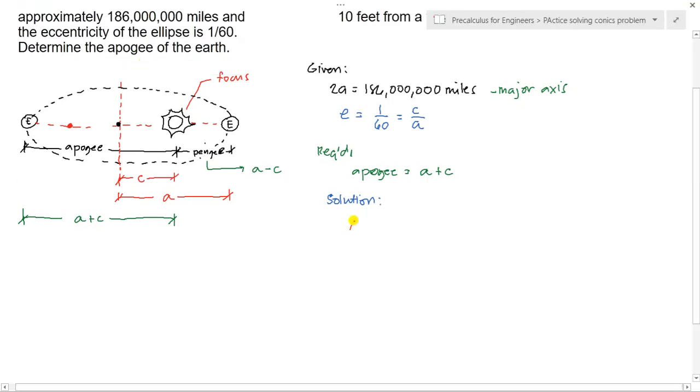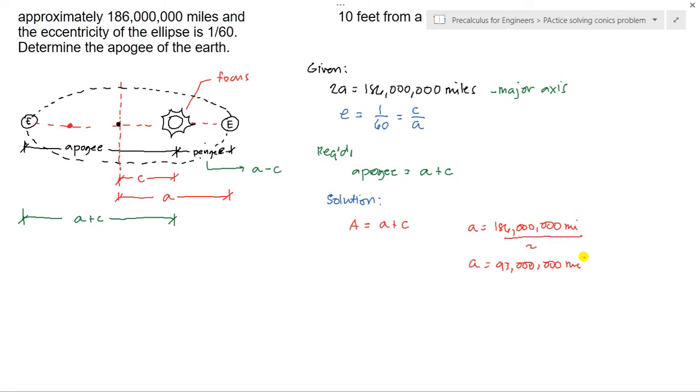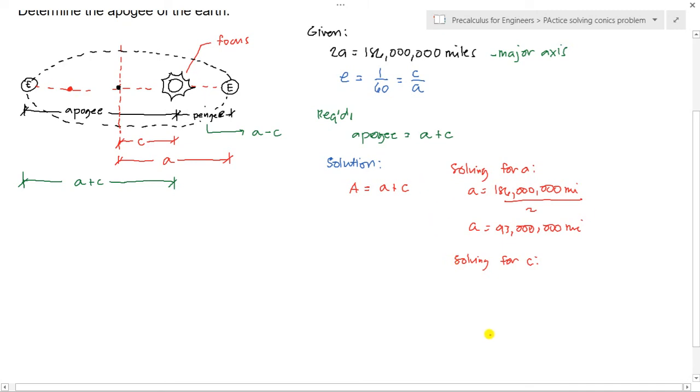So we know apogee is equal to A plus C, and we know that 2A is equal to 186 million miles, so we have A is equal to 93 million miles. 93 million miles, that is A. Now, the next thing we need to find is C. Since we have the formula for eccentricity, solving for C, we have C over A is equal to 1 over 60.